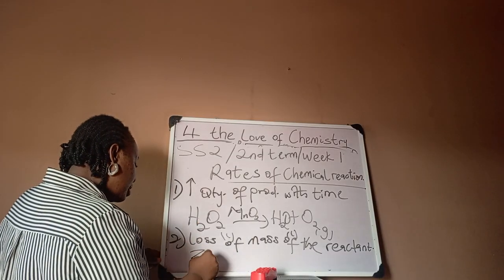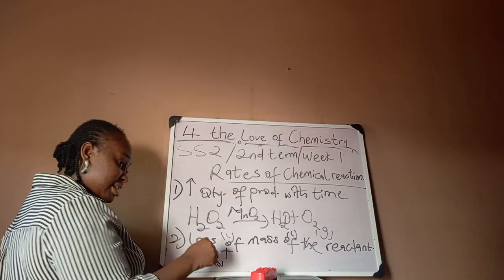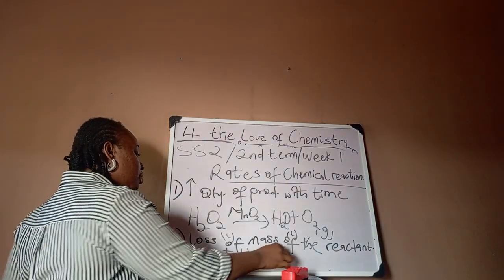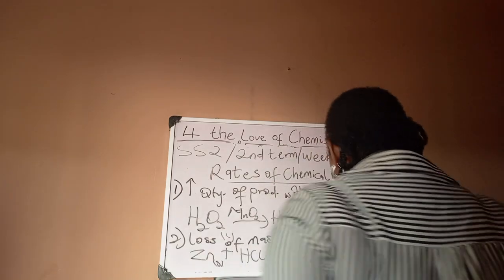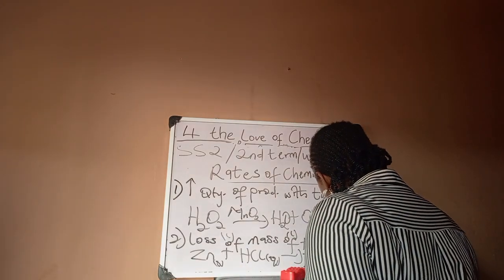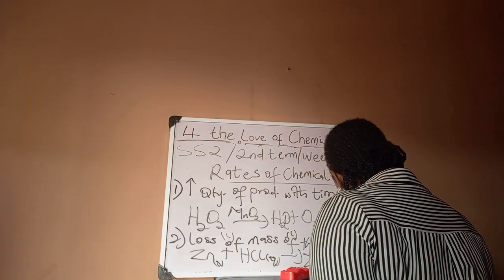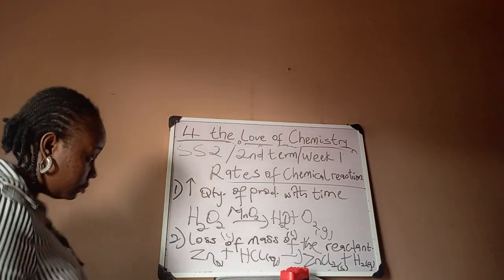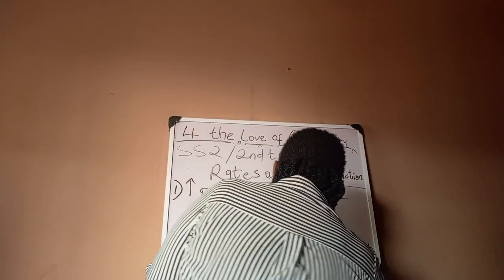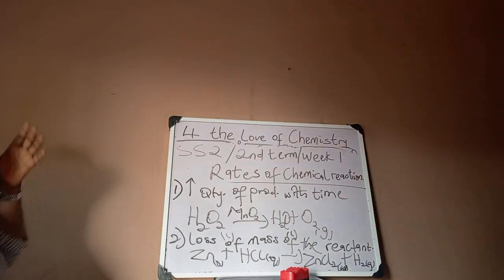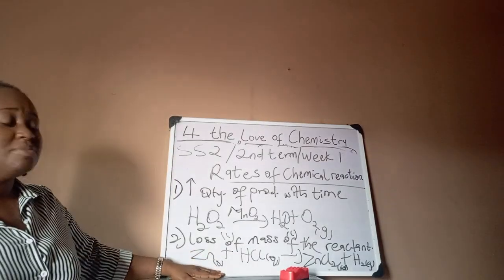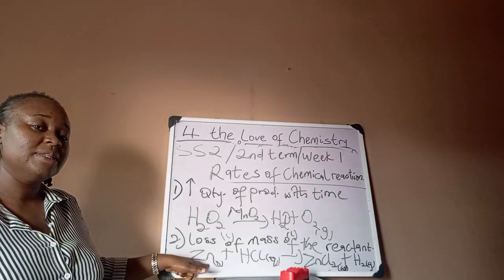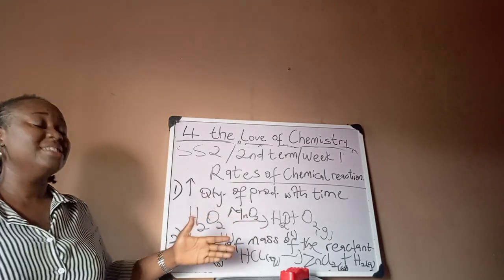When you have zinc, a solid, reacting with hydrochloric acid in aqueous solution to give you zinc chloride and hydrogen. We can measure the rate of this reaction by checking the loss in mass of this zinc. Because it's a solid, we can easily determine it by loss in mass.